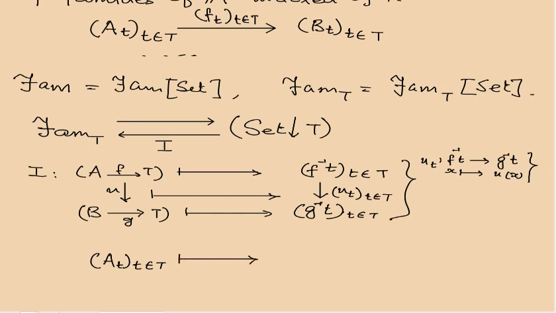I take the disjoint sum, and which I call the map, say A. What does A do?